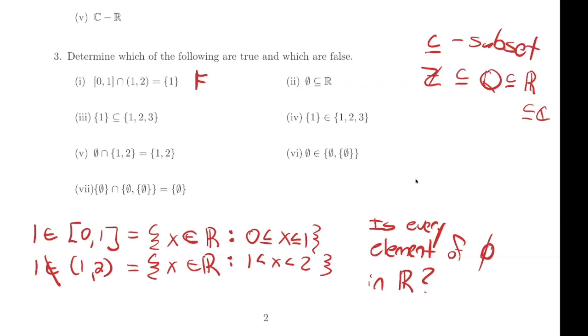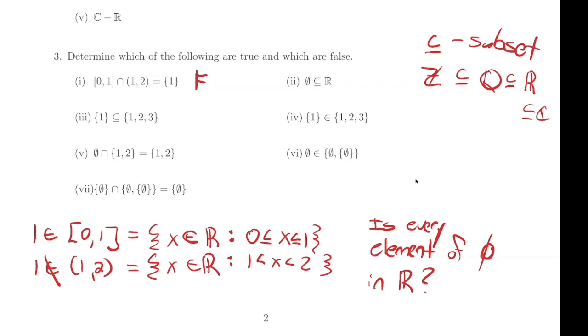So how many elements does the empty set have? It has no elements, right? So this is like a vacuously true statement. All we're saying is every element of the empty set, is that in R?